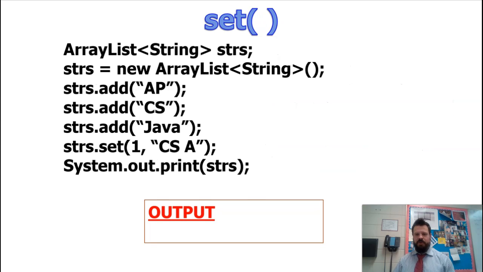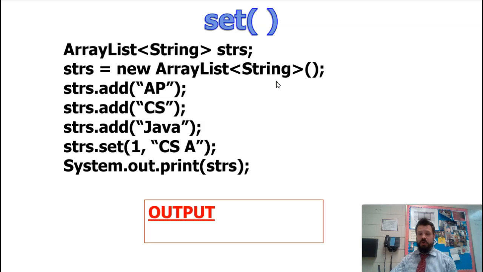All right, so next thing I want to talk about is the set method. And the big thing we'll do here is make sure we're not confusing the set method with the add method. So let's say we say ArrayList of String strs. That's going to create a space for a new array list called strs that holds strings. And then strs gets new ArrayList of Strings, so we've instantiated it.